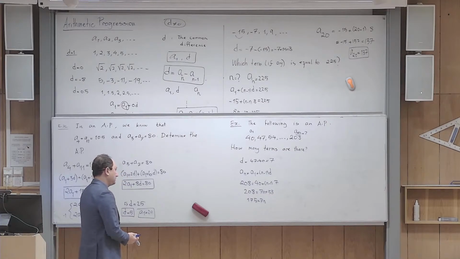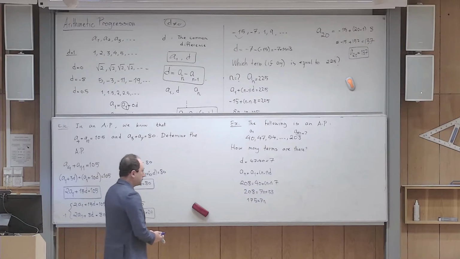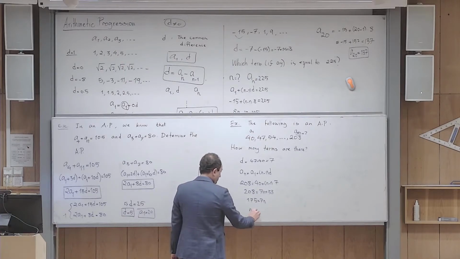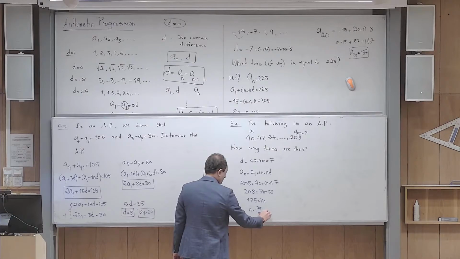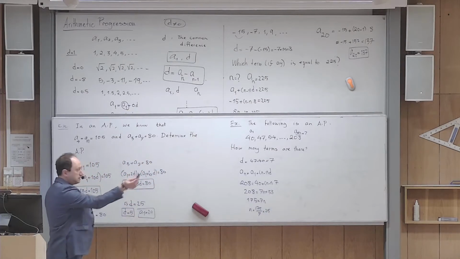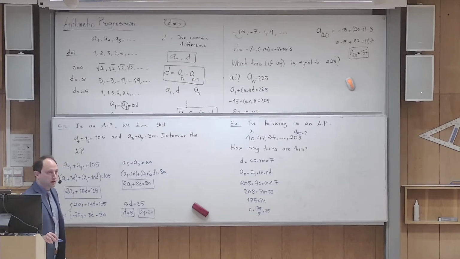Am I right? Yes. And if you divide this number by 7, what do you get? 25. So this means that in this list, there are 25 numbers involved.